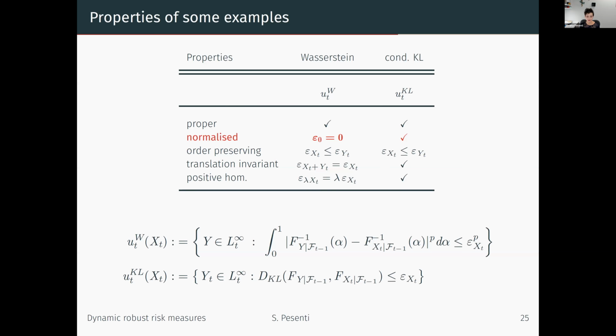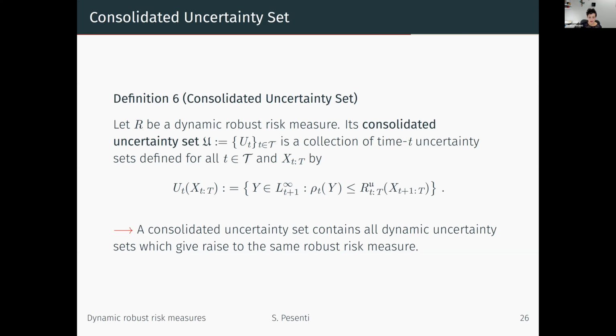So as I mentioned before, I wanted to have if and only if statements. If you look at the definition of a worst case dynamic risk measure, you take the supremum over an uncertainty set. So there are infinitely many uncertainty sets that give rise to the same risk measure.